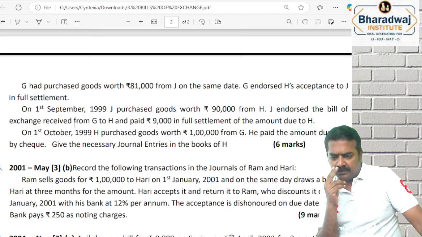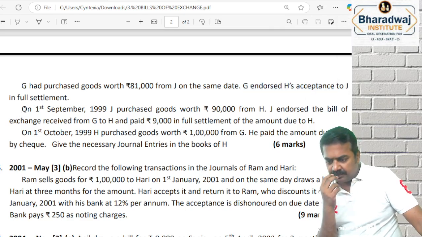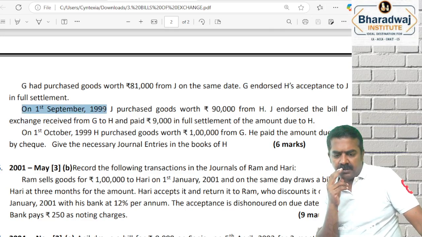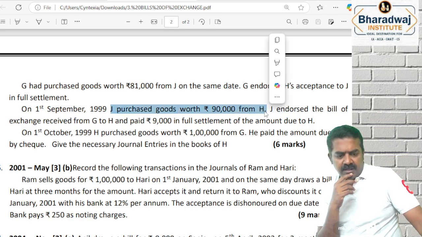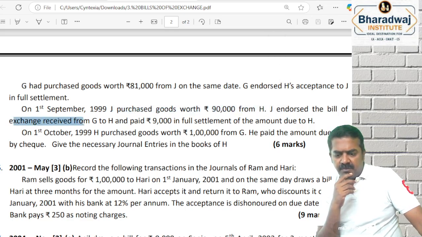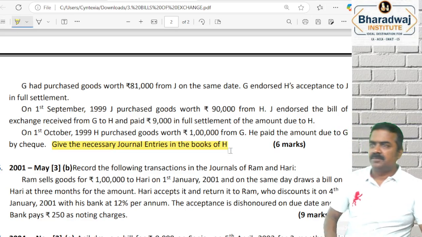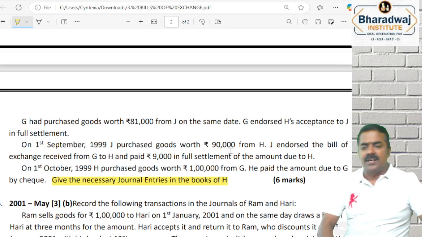On 1st September, J purchased goods from H. J endorsed the bill of exchange received from G to H and paid 9,000 in full settlement to H. On 1st October, H purchased goods from G and paid the amount due to G by cheque. Give journal entries in the books of H.